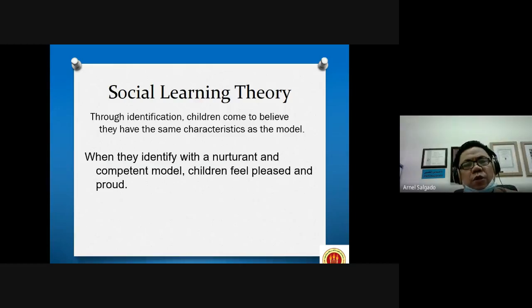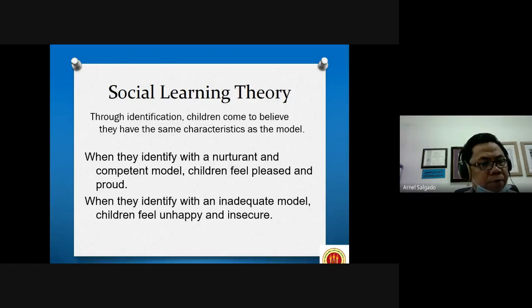So when they identify with a nurturant and competent model, children will feel pleased and very proud, especially when they are acting as if they are successful and very good teachers. Of course, they will be very proud and happy about it. Now, when they identify with an inadequate model, this is actually the problem.